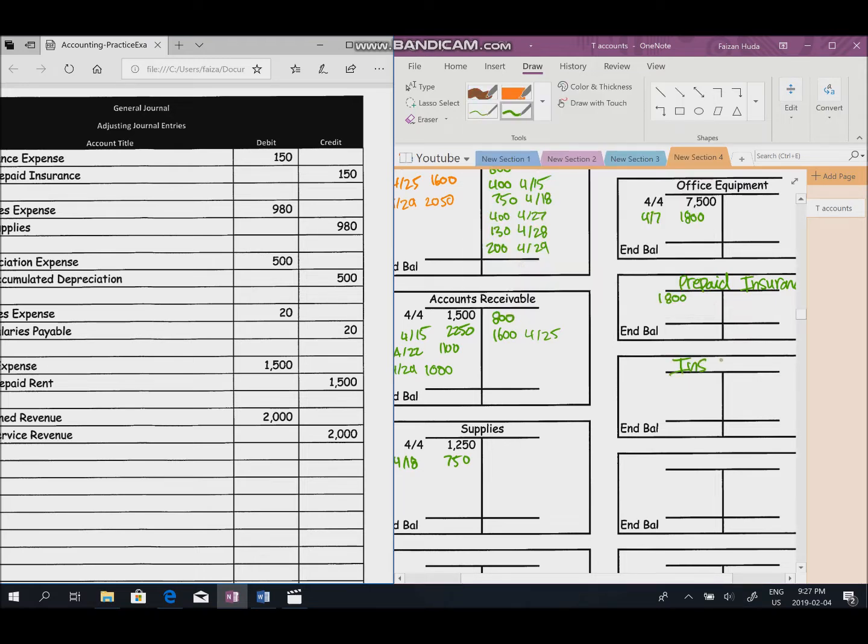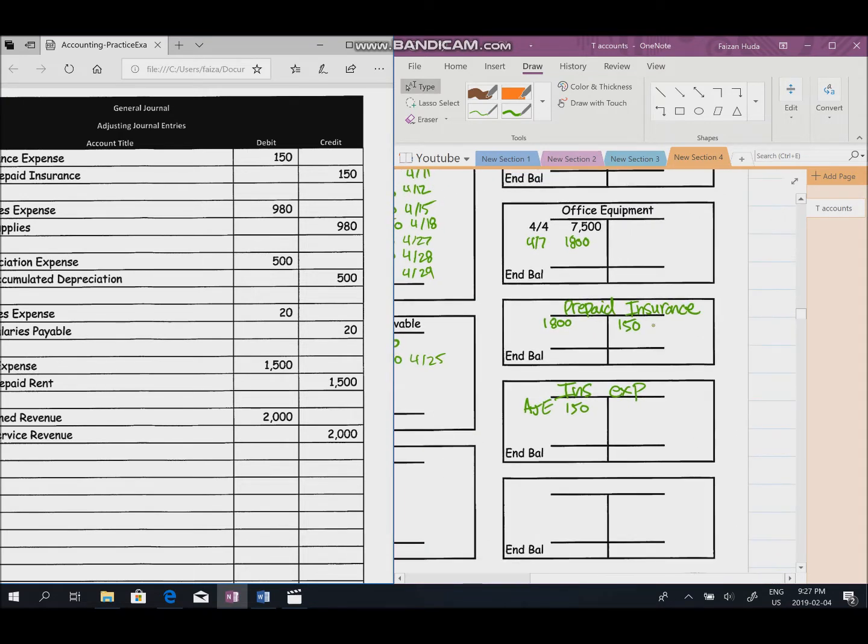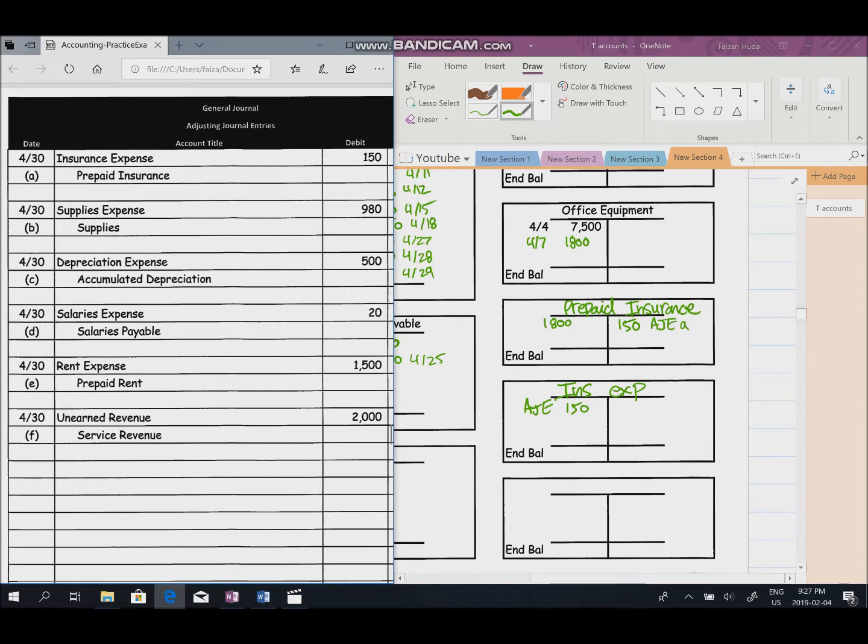Again, for time's sake, I'm using short form. You're expected to use long form on your exam or test. Prepaid insurance goes down by 150. I'm going to write AJE so I know it's my adjusting entry. AJE A.